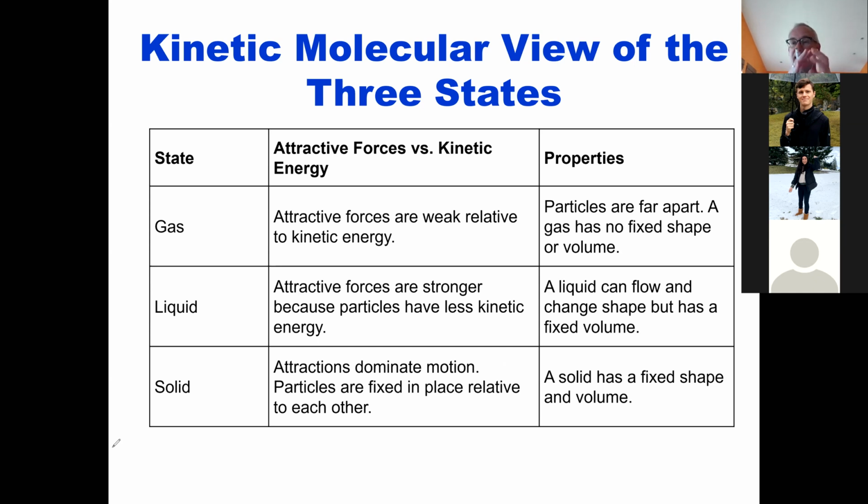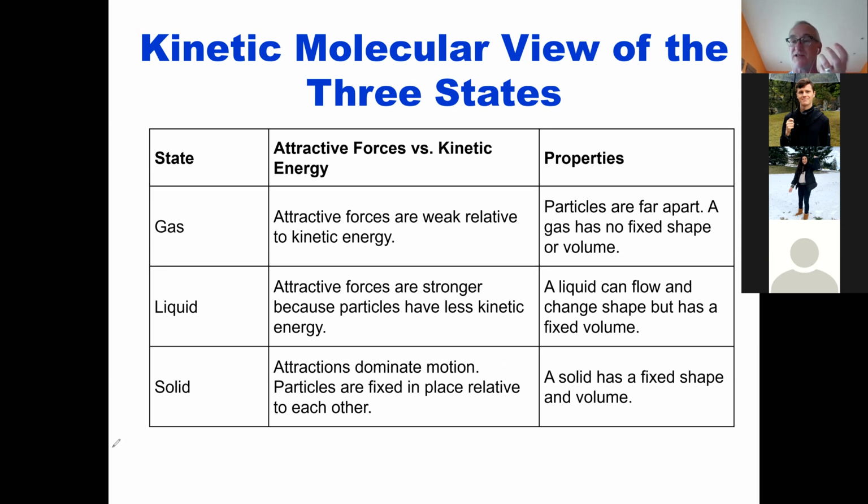They have time to interact with each other, and when they interact, we have attractive potential energy. That means a liquid can flow. It doesn't fly around. It can flow and change shape, but it has a volume. If I have 50 mils of water and dump it on the floor, I still have 50 mils of water. It's not the same shape, but the volume stays constant.